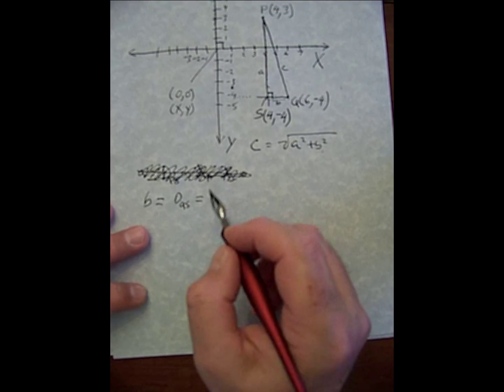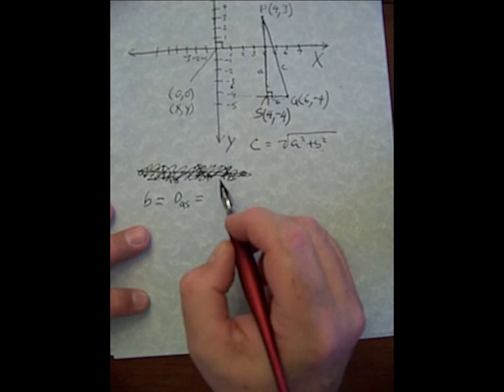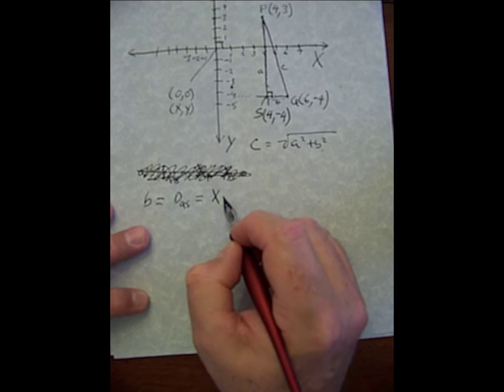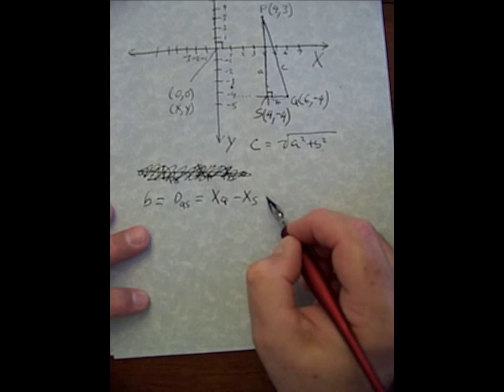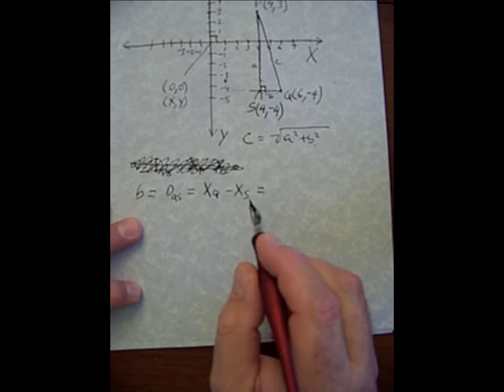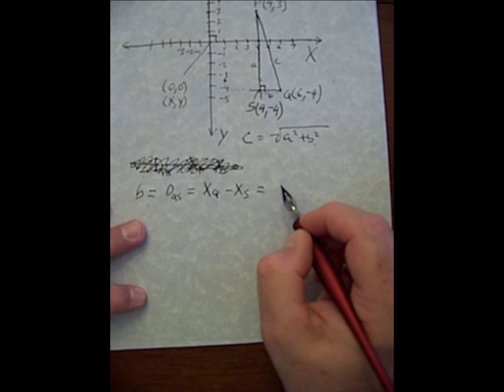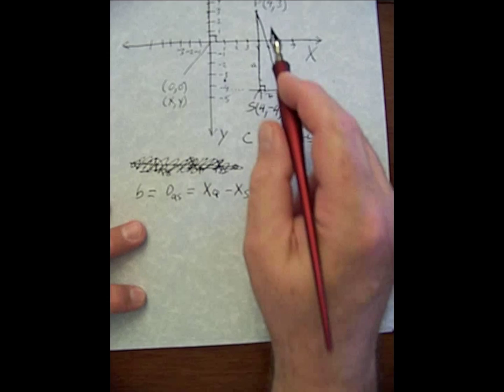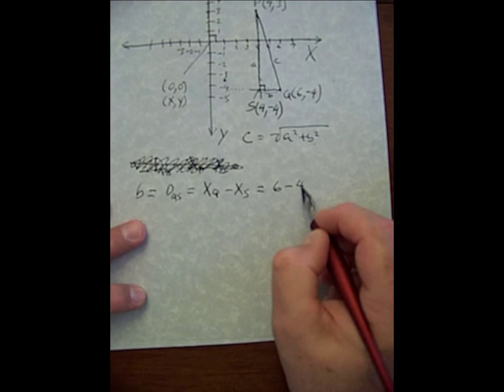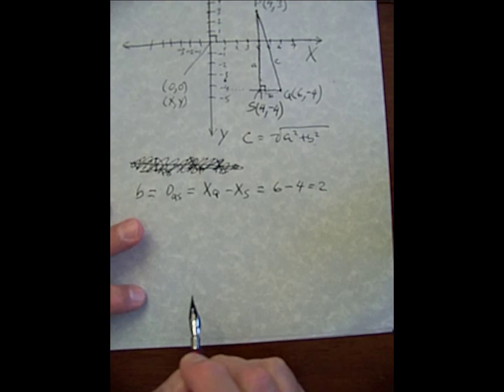And we know from what we just did that that's equal to x of Q minus x of S, which in this case is 6 minus 4 equals 2.